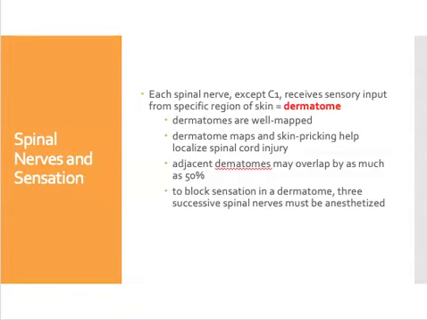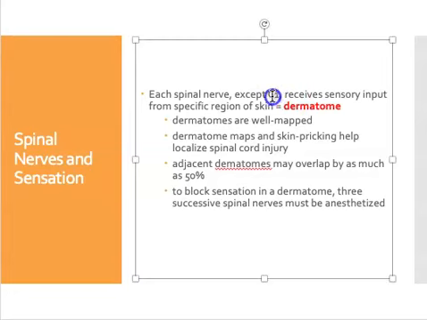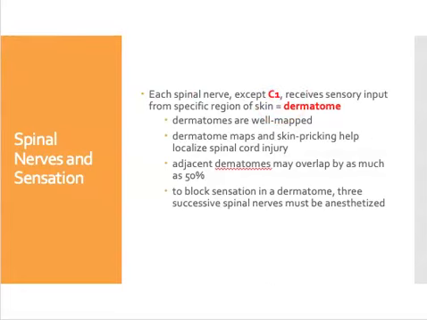Each of the spinal nerves, with the exception of C1, cervical spinal nerve 1, does not have this, but all of the rest of the spinal nerves, C2 to C8, all of the thoracic spinal nerves, the lumbar, the sacral, the coccygeal, all of these spinal nerves receive sensory input from all over the body, including the skin.